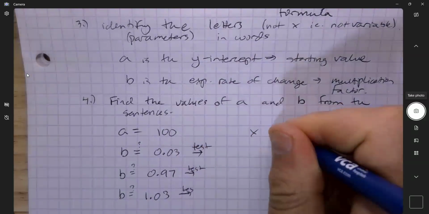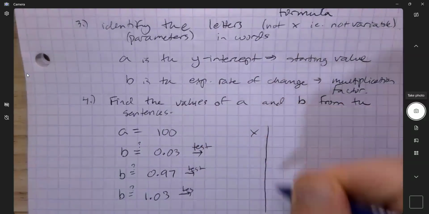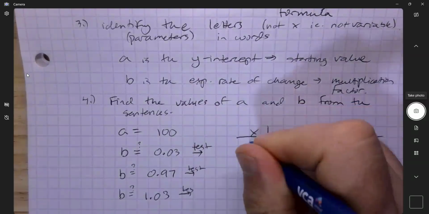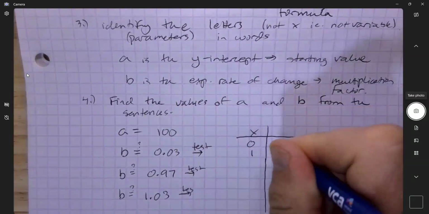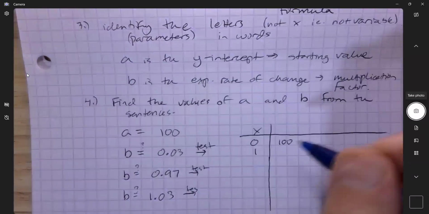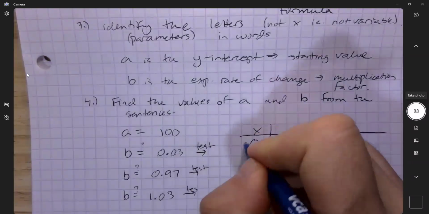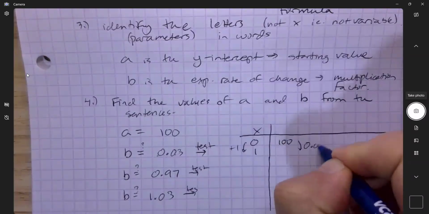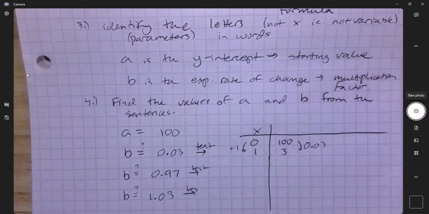Okay, let's use the numeric numbers approach to help us. So if I think B is 0.03, then as I increase from 0 to 1, I would be multiplying by 0.03. Oh, gee, that's $3.